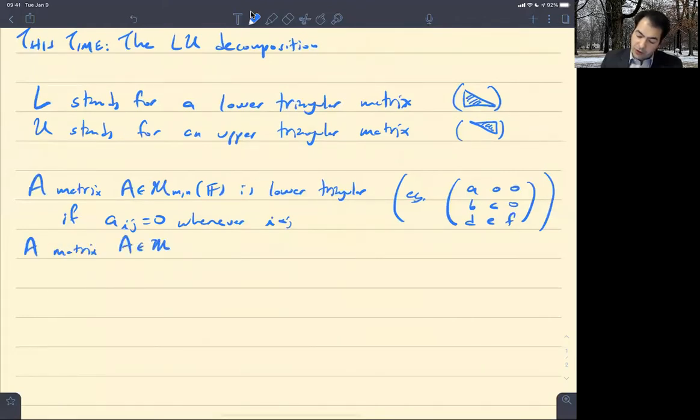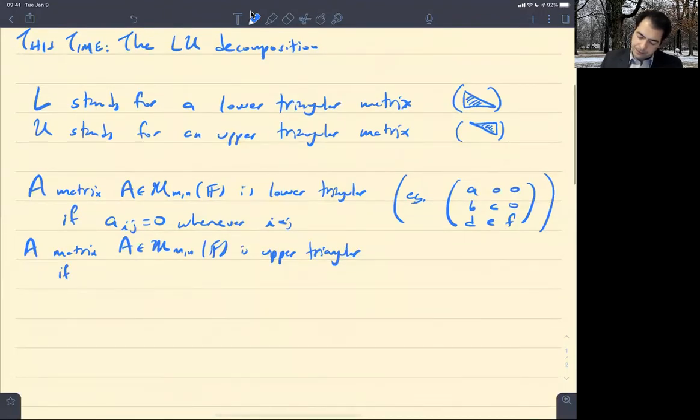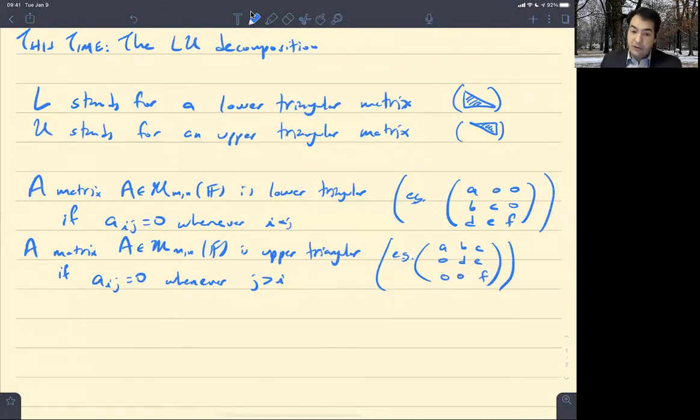A matrix A of size m by n is upper triangular if Aij is equal to 0 whenever i is greater than j. So for example, a, b, c, d, e, f, like that, that's upper triangular.